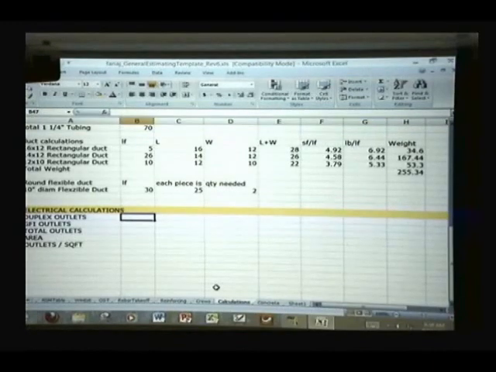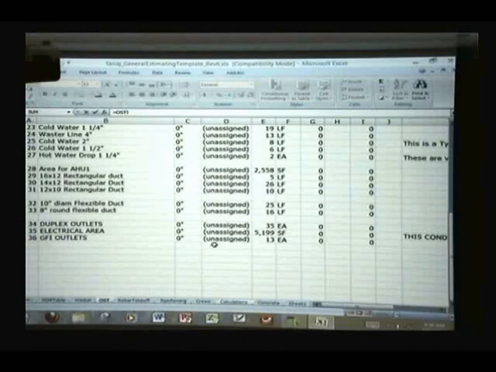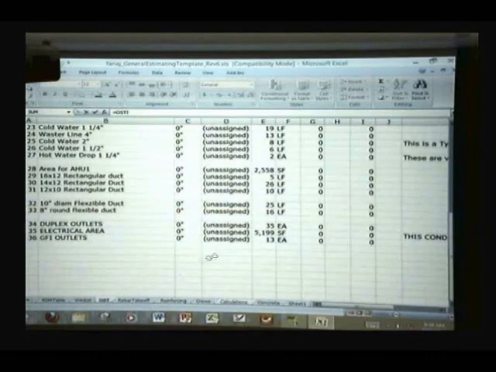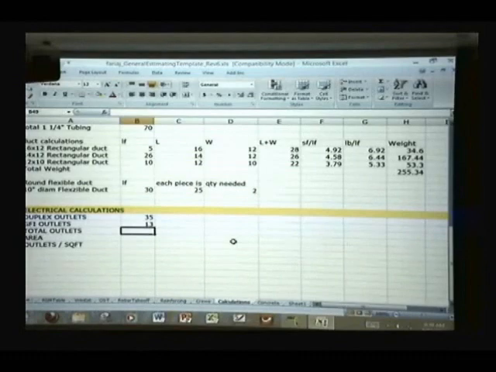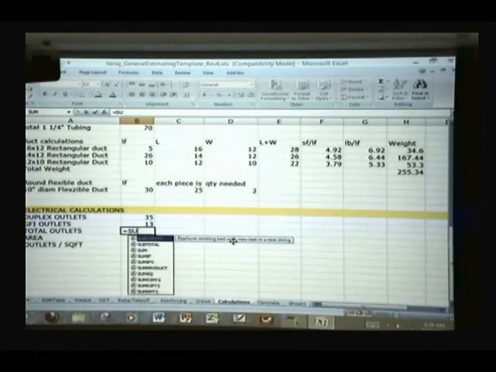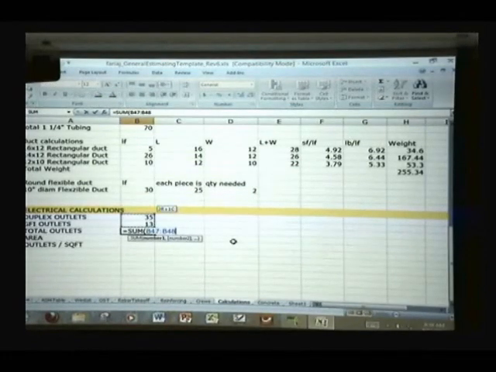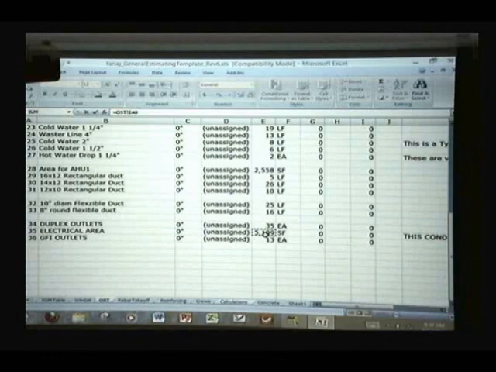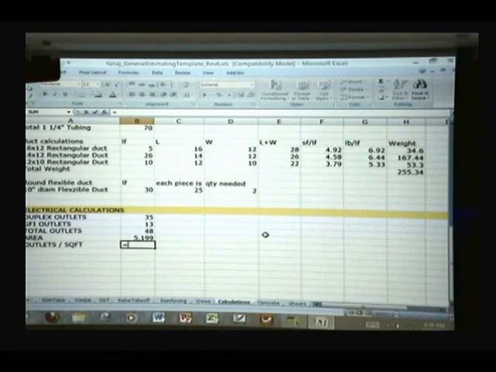The number of duplex outlets, I'll get these from on-screen takeoff. 35. The number of GFI outlets in the area. The total number will be then the sum of these two. The area. And then the number of outlets per square feet.